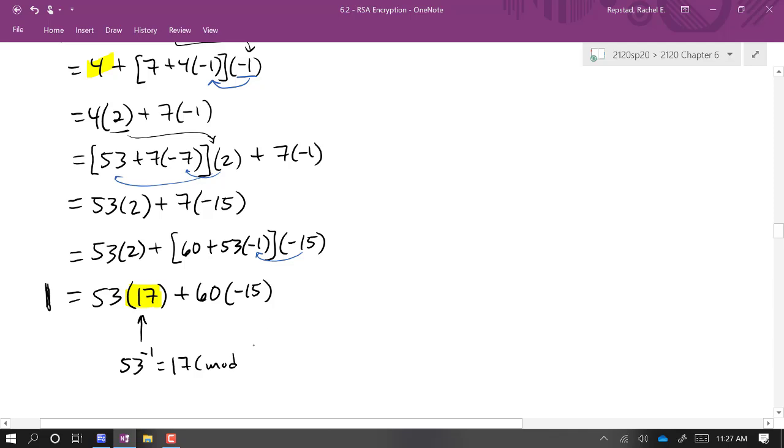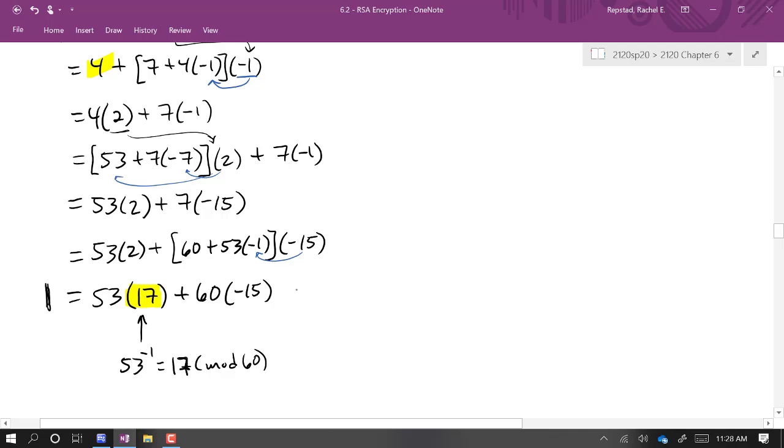If the factor coupled with the number whose inverse you want to find is negative, the inverse is also negative, and you need to figure out what that negative is mod, in this case, mod 60. Here it was positive, so we don't have to make any changes. If it was negative, say negative 17, we just do 60 minus 17, and that would be the inverse. But this was positive, so there's straight up what the inverse is.